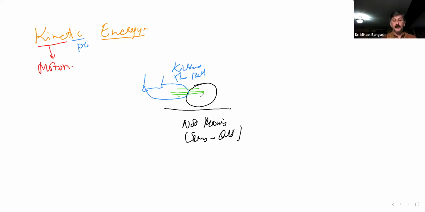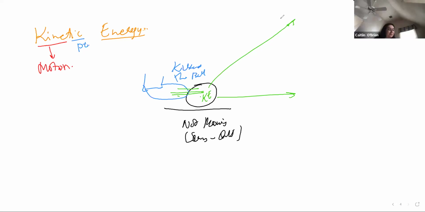And due to that, this ball now has kinetic energy, and will be either rolling down the ground or going up in the air. Did you guys get that?